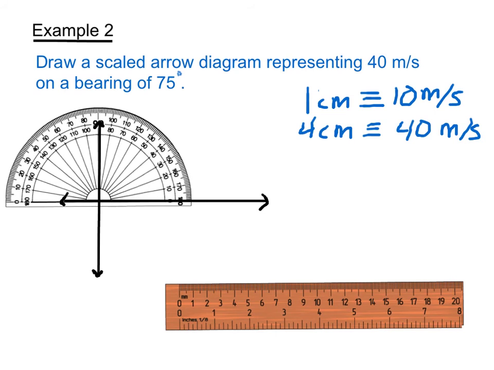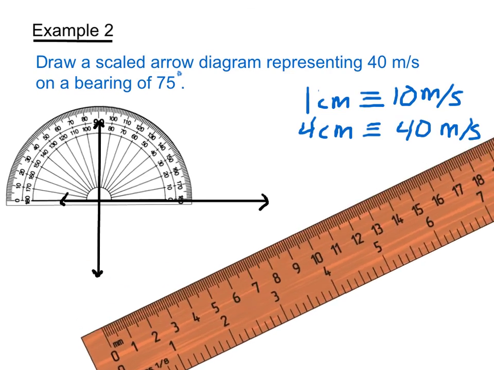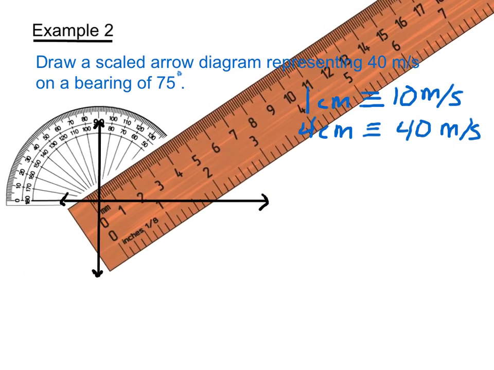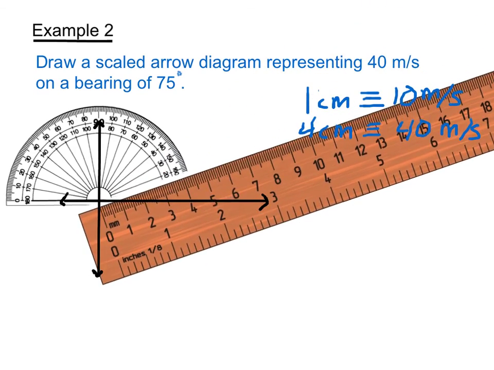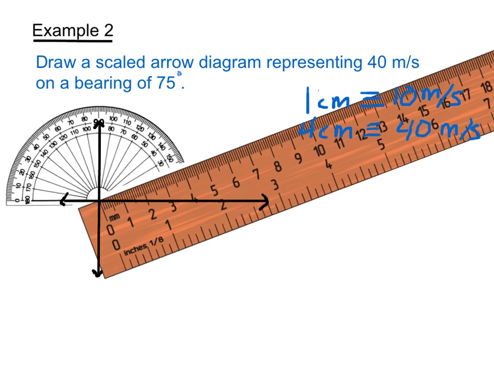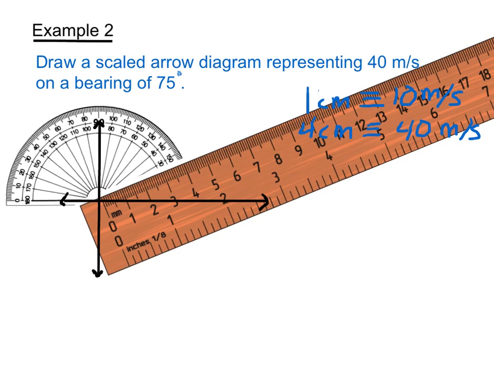scaled arrow, we can use our protractor, and we'll line that up right at the origin. And we can also use our ruler, which we're going to draw at 75 degrees, which on our protractor is actually going to be 25, like so, and then we can draw our arrow.